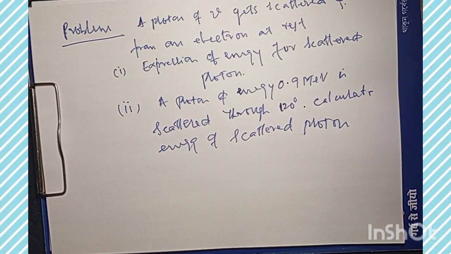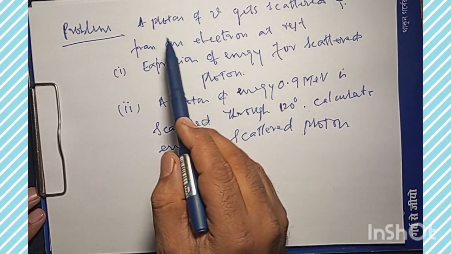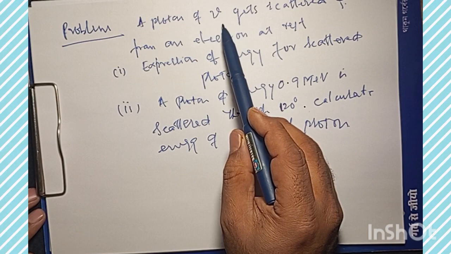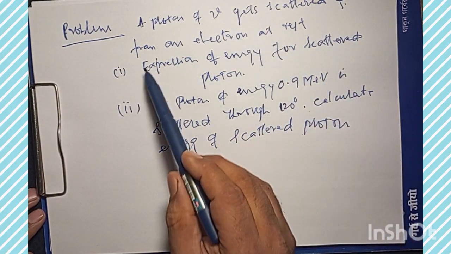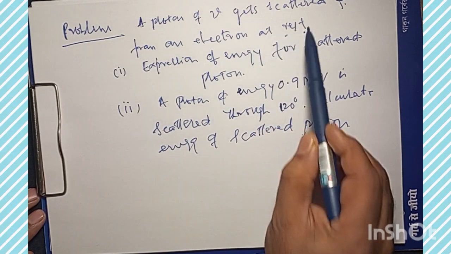So, students, let's solve a problem based on the Compton effect, and we have already derived the equation for the Compton shift. The problem says that we have a photon of frequency nu, and this photon gets scattered through an angle phi from an electron assumed to be at rest.